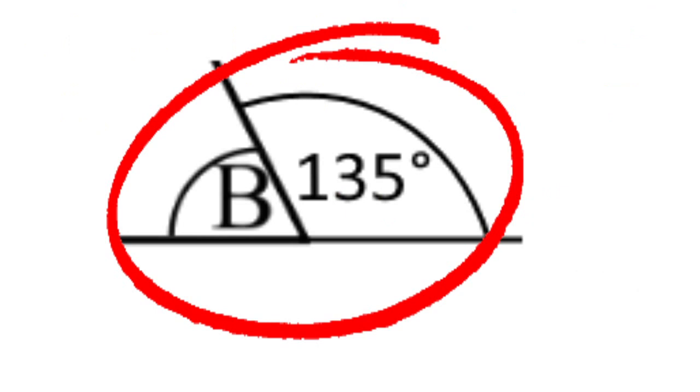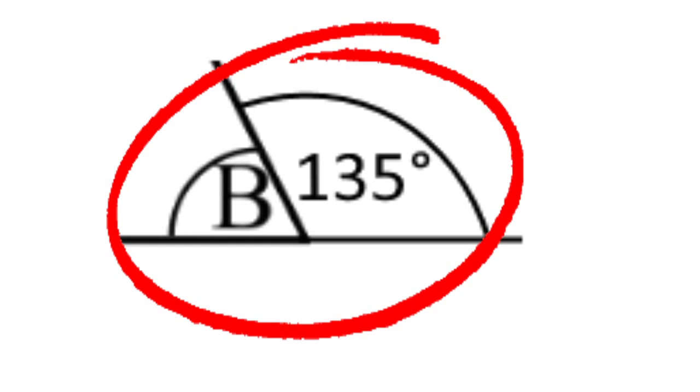Now notice this is on a straight line, and we know that the angle on a straight line is 180 degrees. So this 180 degrees is made up of two parts, the angle 135 degrees and the angle B. What we're saying is that if you add B to 135 degrees, you're going to get 180, because this angle on a straight line is 180 degrees and it's made up of the two different parts.